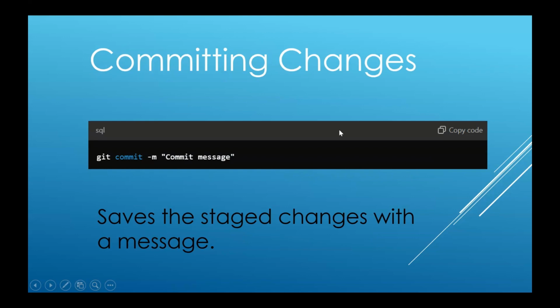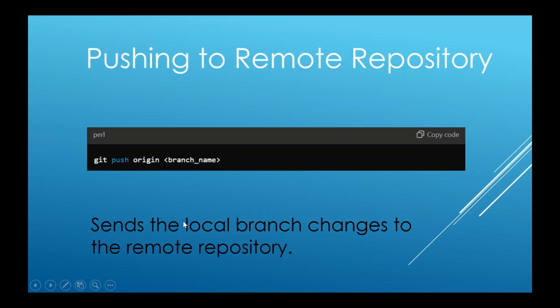You can commit the changes by running this command: git commit -m and your commit message. You can provide any commit message, which should basically describe the changes you are making. This saves the state changes with a message, so it will save the changes inside your local repository.